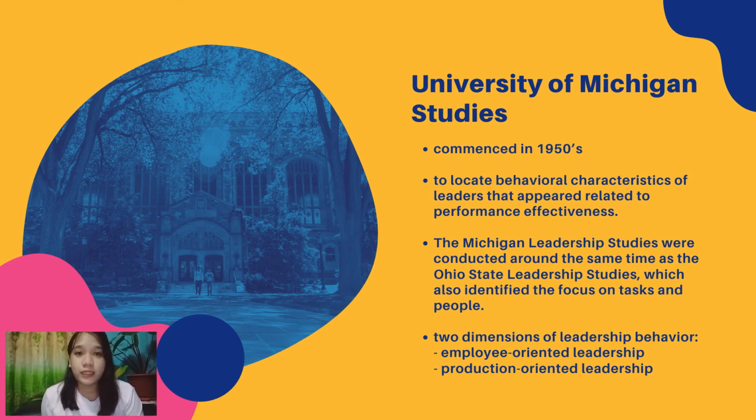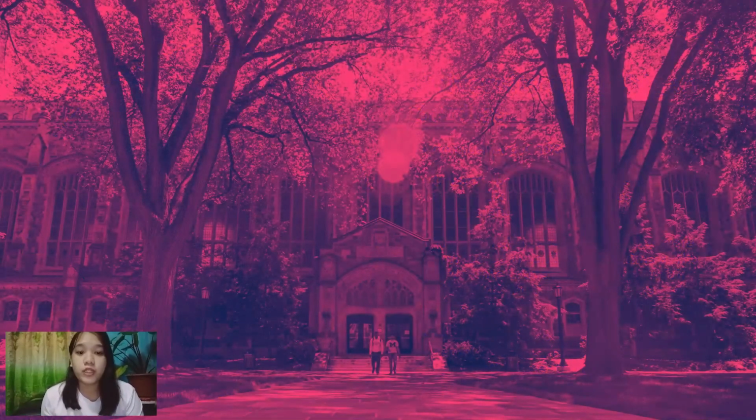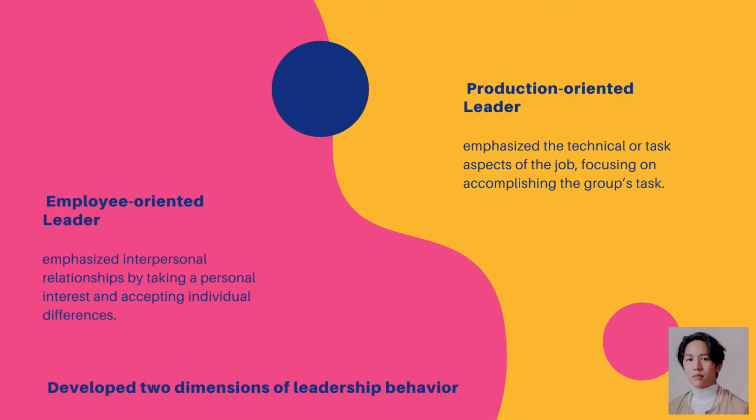The Michigan group in a leadership study discovered two dimensions of leadership behavior, which were described as employee-oriented leadership and production-oriented leadership. The employee-oriented leader emphasized interpersonal relationships by taking a personal interest in the needs of their employees and accepting individual differences among the team members. The production-oriented leader emphasized the technical or task aspects of the job, focusing on accomplishing the group's task.